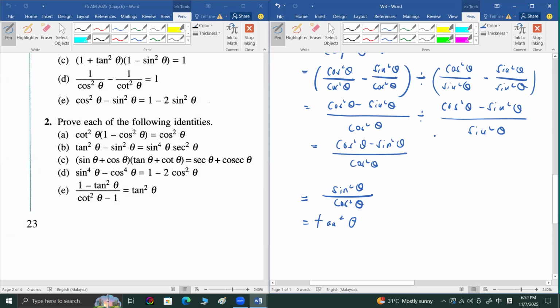Here I just copy because I want to make this the reciprocal. I think I got the answer already, class. Then this one, we can simplify: sine squared per cos squared, and proven. Okay, already proven. Can follow? Yes, okay. What about Yan Sim? Is it okay for you, Yan Sim? Yes, okay, good. And write down.